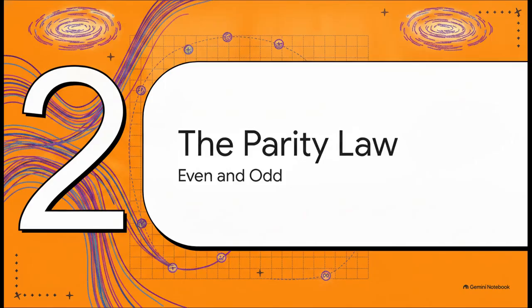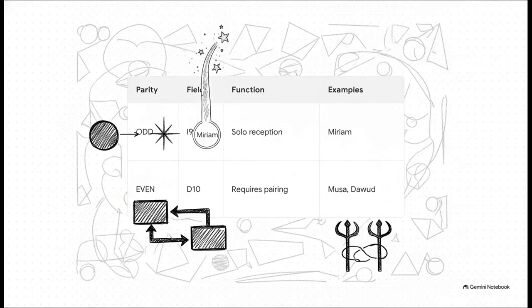Section 2. The Parity law, even and odd. This brings us to the cosmic rules governing these fields, dictated by the Parity law found in chapter 89, verse 3. The universe operates on strict laws of odd and even. Odd nodes, which run on the I9 field, can operate totally solo for direct reception. Think of Miriam or the slave in chapter 18, verse 65.